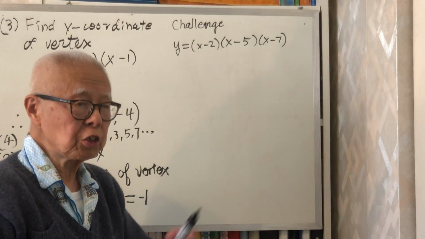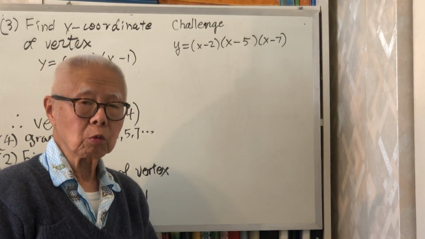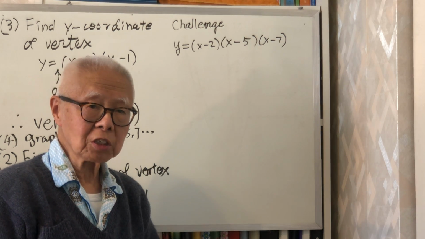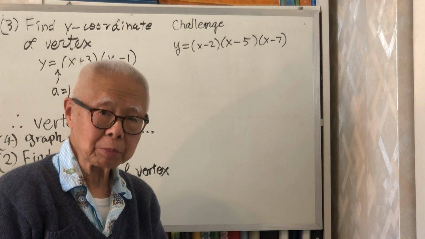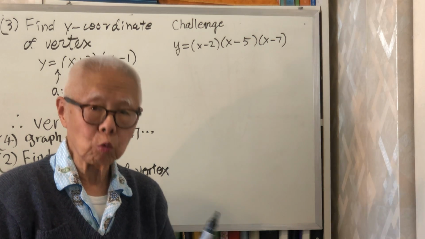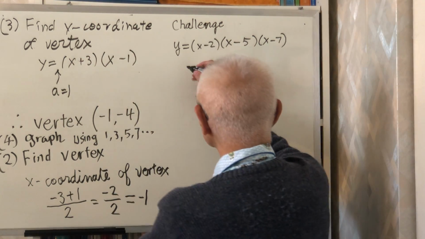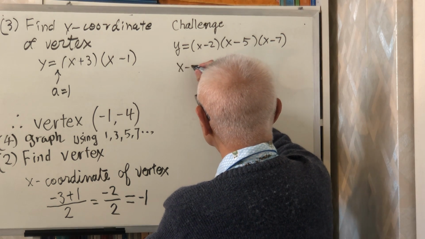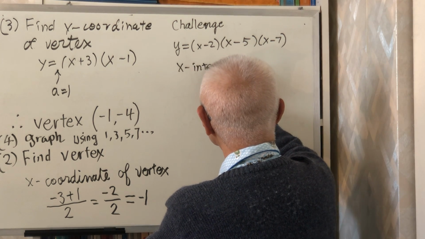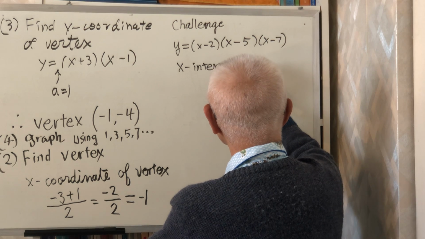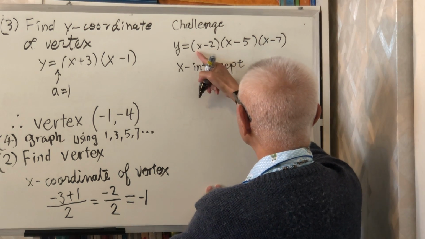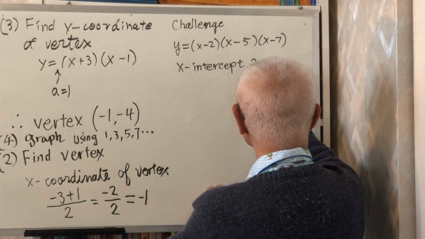But we can still use method 1, which means find the x-intercepts and find the y-intercept, and you just draw roughly. Okay. So x-intercepts: 2, right?